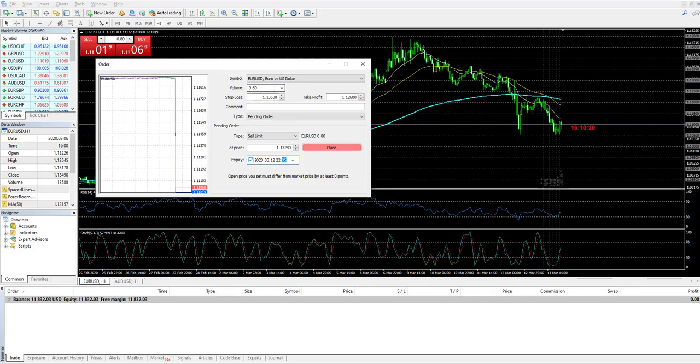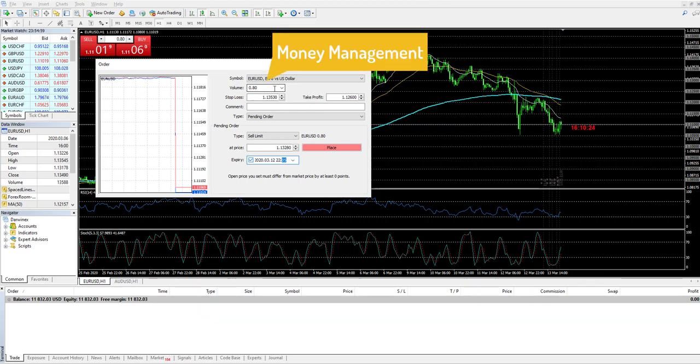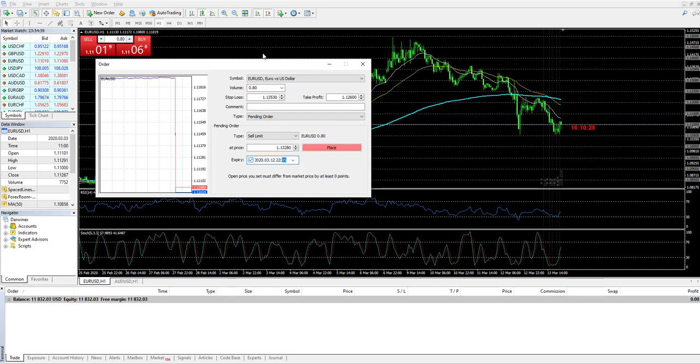However, you always know that you need to do the money management by yourself. So if you have, let's say, this account has $11,000, I need to know how much I want to risk. For example, this signal is risking 25 pips.